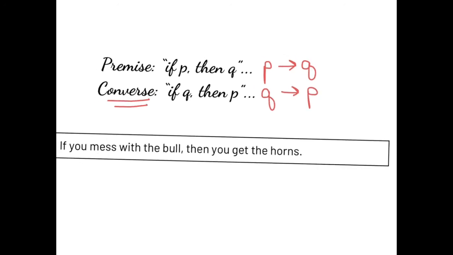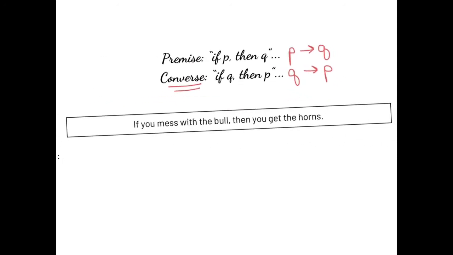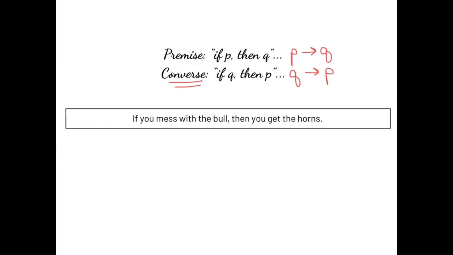So we start with this premise, and here's an example. If you mess with the bull, then you get the horns. Based on the original premise, if you mess with the bull, that's P, then you get the horns, that's Q. That's what we learned in the last video. The converse of that would now be rewriting it.